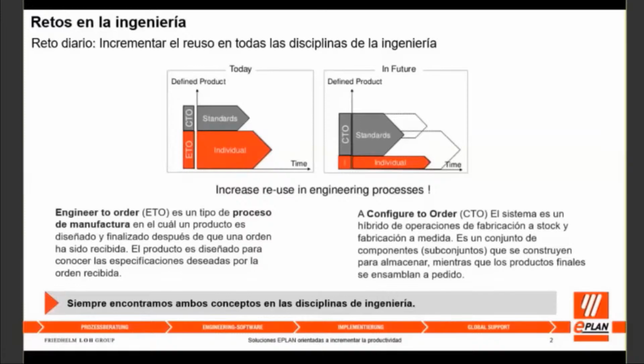Y el CTO es una ingeniería, un tipo de híbrido, en la cual ya están identificadas ciertas funciones y puedo seguir reutilizando. Entonces, la idea en este caso es que se disminuya lo más posible la ingeniería individual y utilicemos más la ingeniería estandarizada.